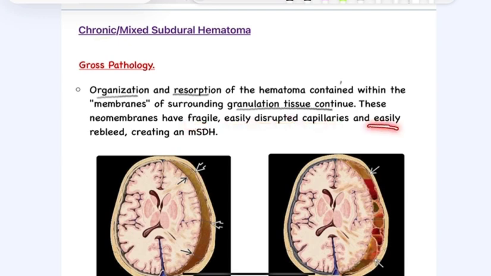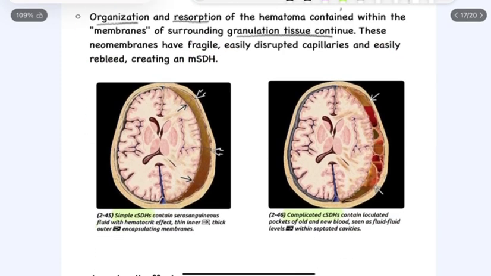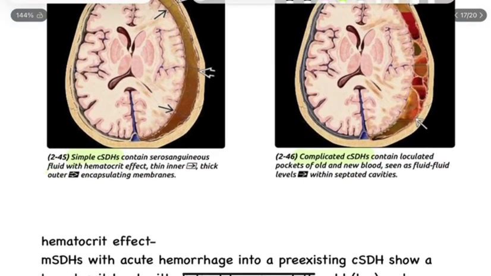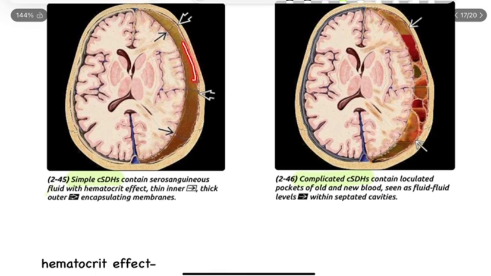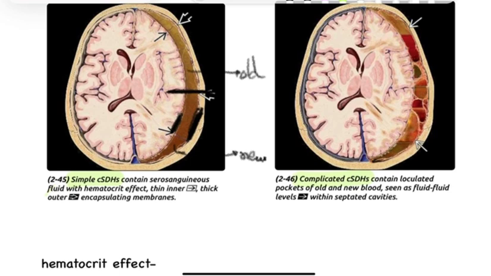So there is a high risk of rebleed, which will create a mixed subdural hematoma. Generally, chronic SDH is of two types, a simple chronic SDH and a complicated chronic SDH. In simple chronic SDH, it contains serous fluid which is surrounded by a thin inner and a thick outer encapsulating membrane, and a hematocrit effect can be seen, that is, the new blood settled at the bottom and the old blood layered at the top.